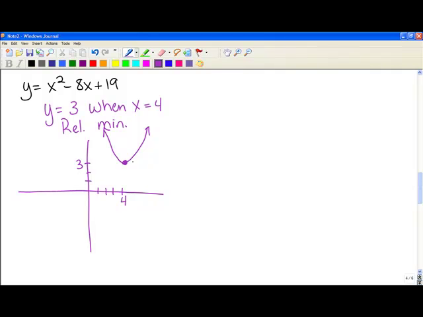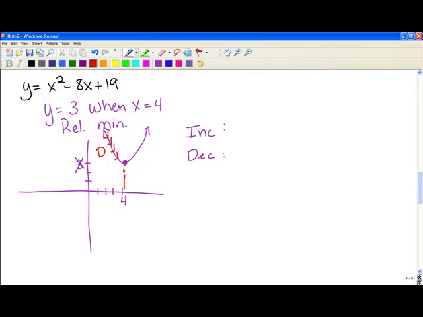Now, when I talk about the increasing and decreasing, remember that we use only the x values. So I'm going to cross out the 3. That will not be used at all. And let's take a look at what happens with this. Now, as we head towards the right side, we see the function is going down or decreasing down to this value, this point at 4.